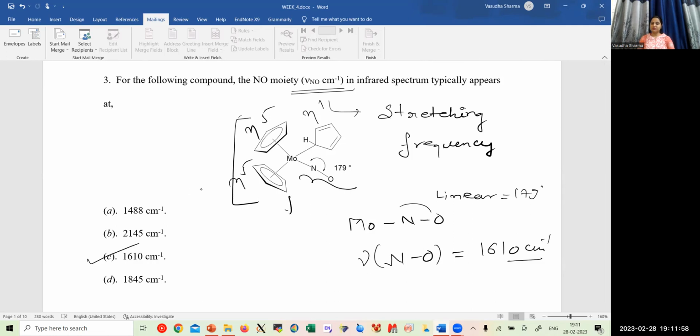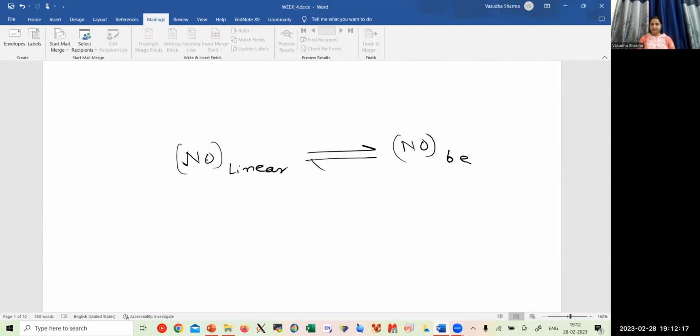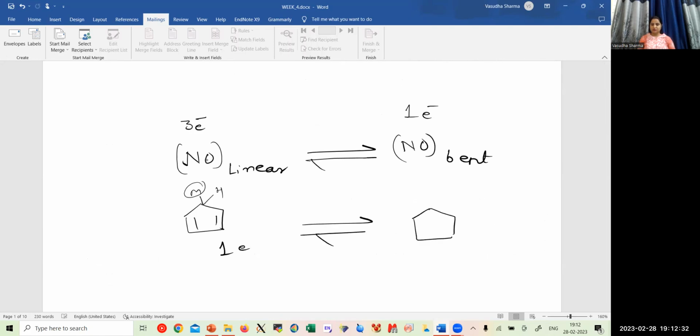So this was the only complex which is fluxional at room temperature that we have discussed. Fluxional means that if NO linear goes to NO bent, that means the contribution goes from 3 electron to 1 electron, so one of the Cp rings which is coordinating to the metal, this is 1 electron, now this will go to 3.